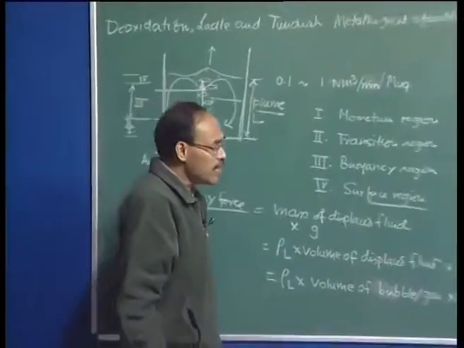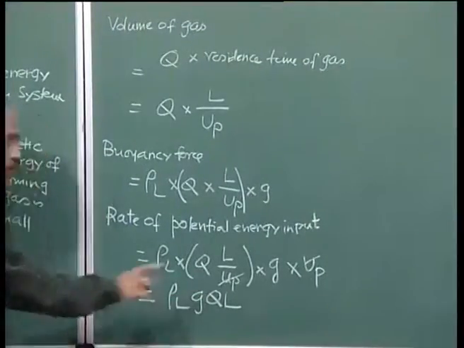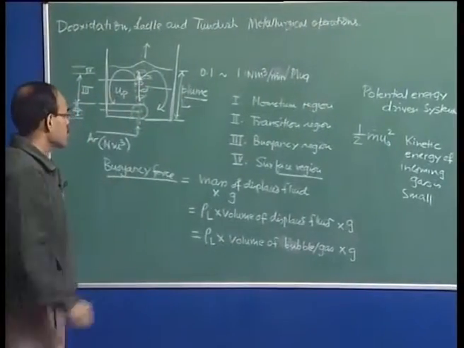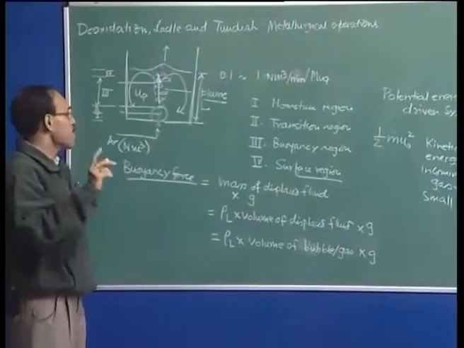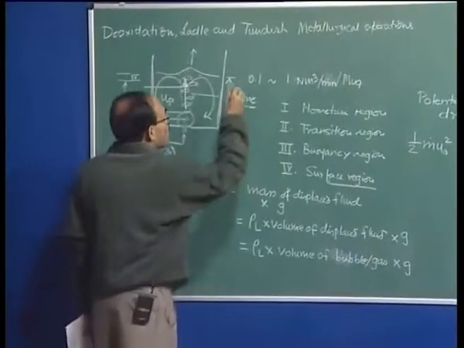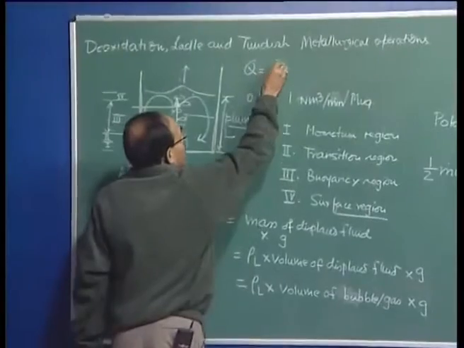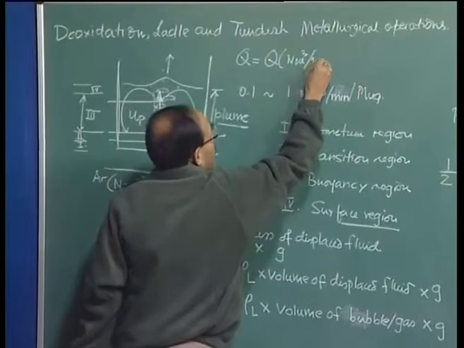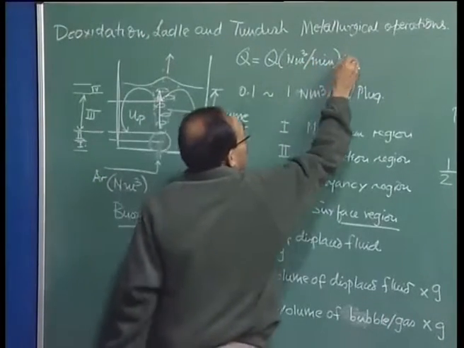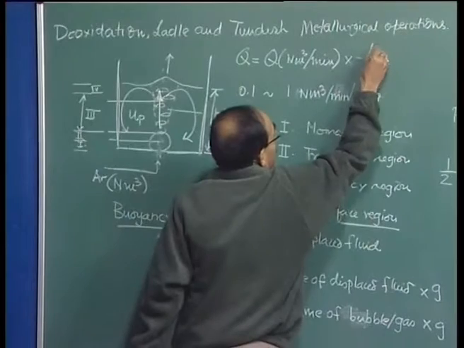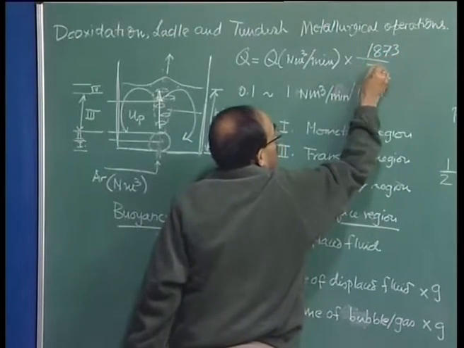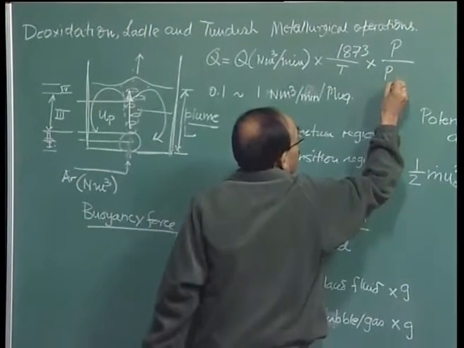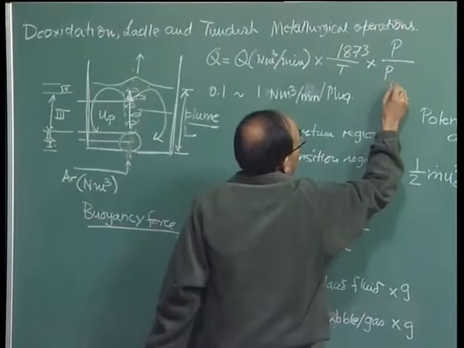So in this analysis, the gas flow rate that we use is referenced to some mean features of this system. Whatever gas flow rate we use is actually Q in terms of normal meter cube per minute, multiplied by, and then we say it is equal to, 1 atmospheric pressure.